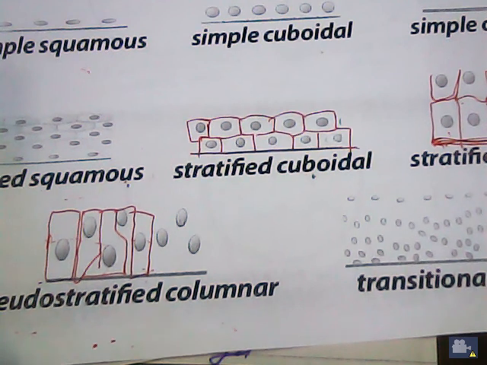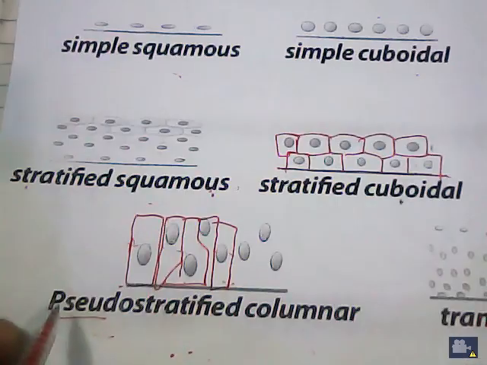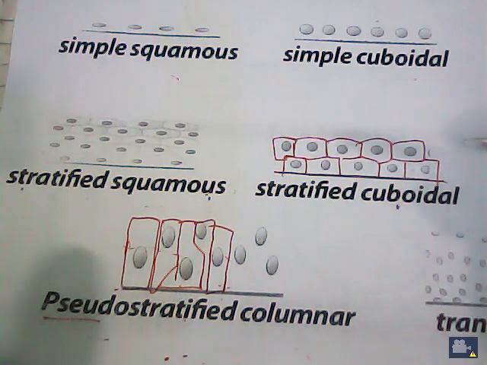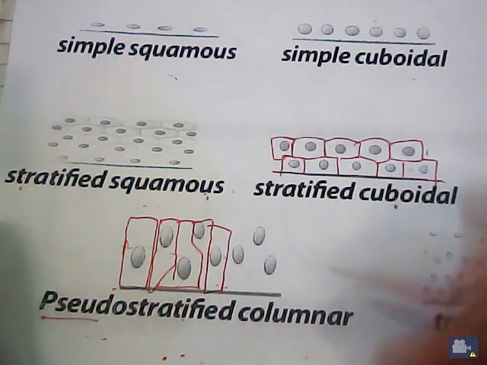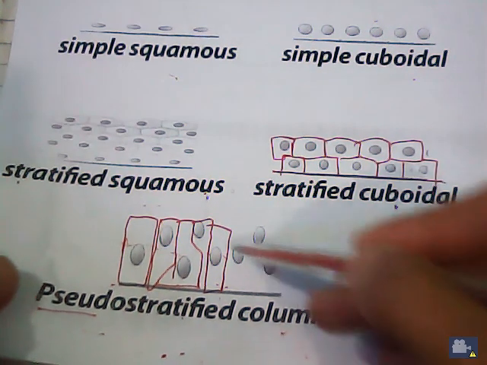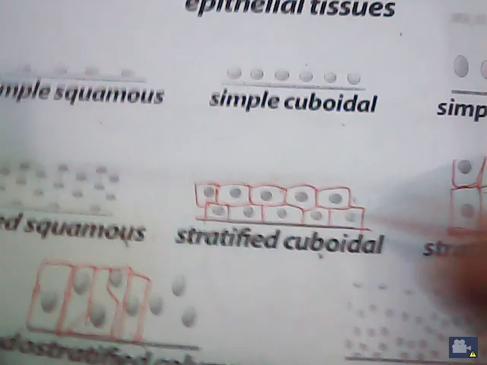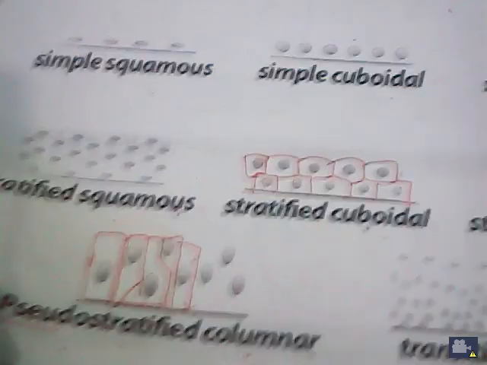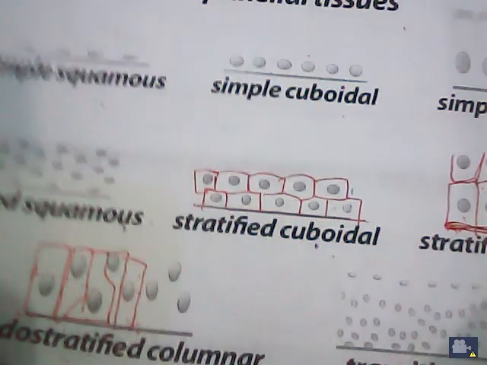Pseudo means false, and stratified is like a layering effect. So false layering effect. So why do we call it columnar? Because these cells are columnar. If these were cuboidal, we would call it pseudo-stratified cuboidal epithelium. If these were squamous, we would call it pseudo-stratified squamous epithelial cells.